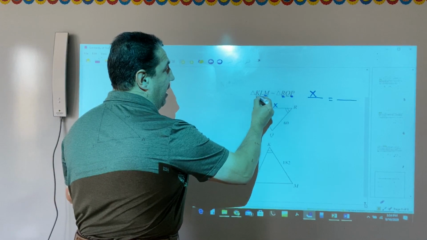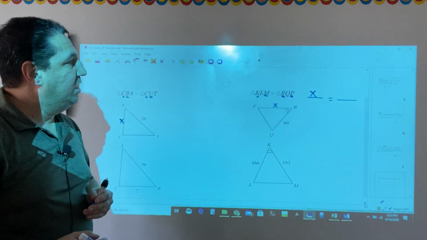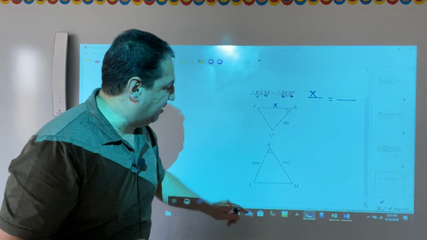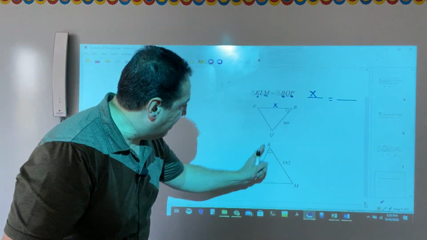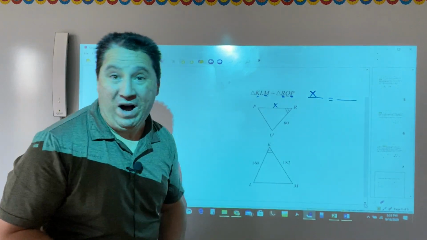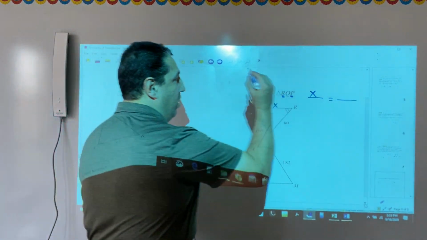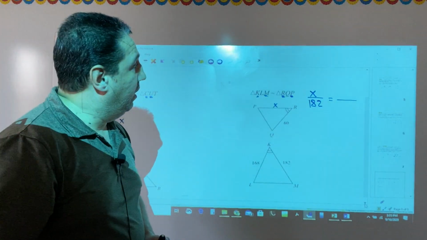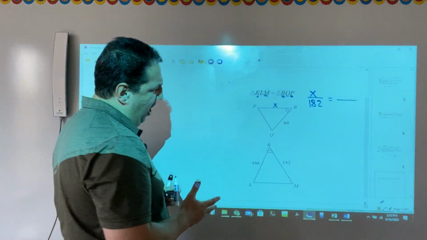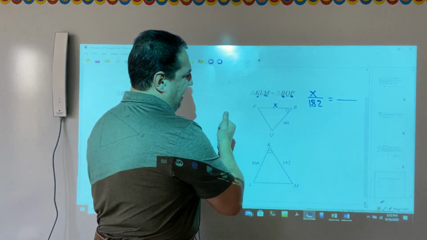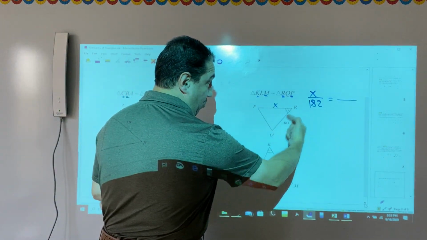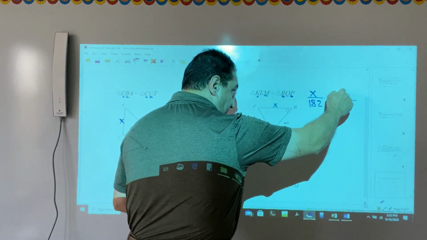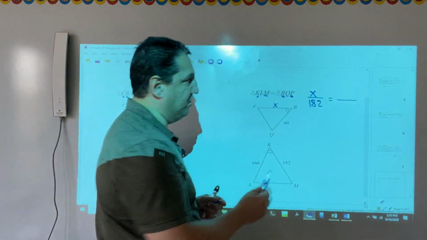They are K and M. Which means the corresponding side for PR in the other triangle is KM. And KM equals 182. So 182 is in the bottom. Next, what else is given in the first triangle? RQ is given, right? So RQ, which is 60, would be on top of the second fraction.